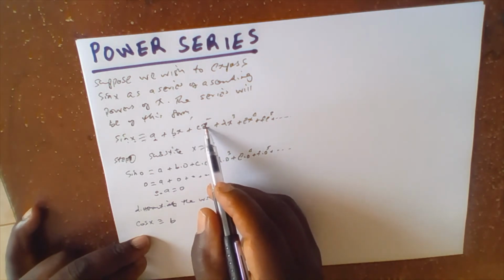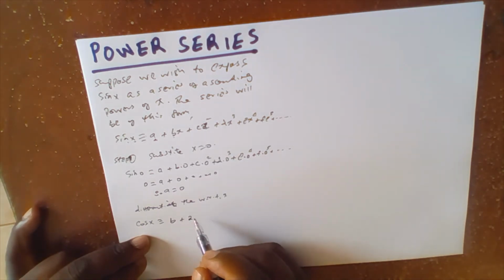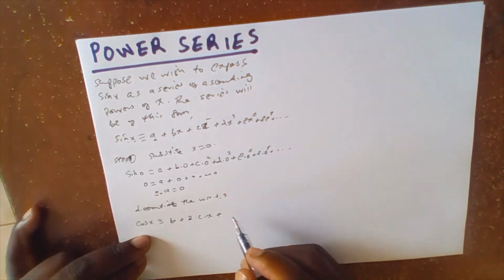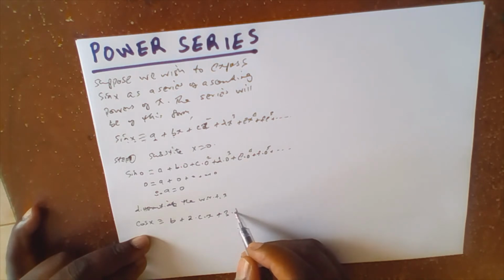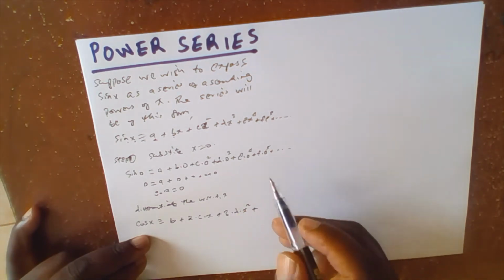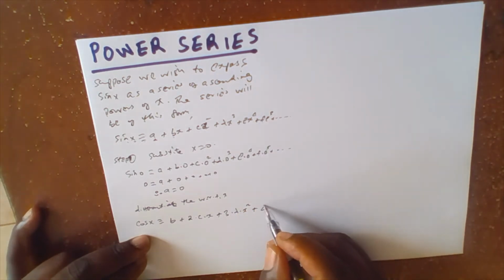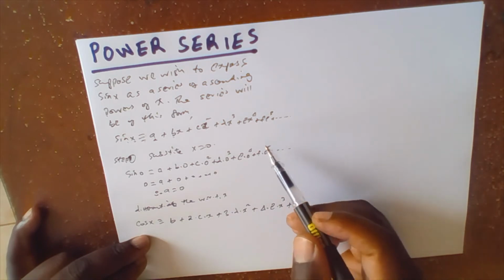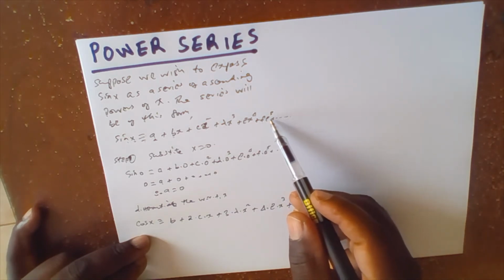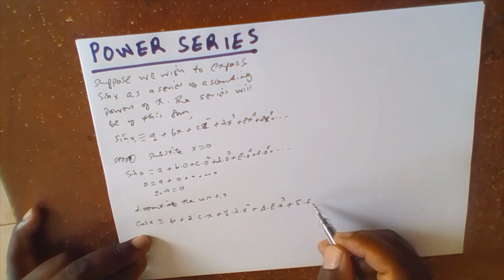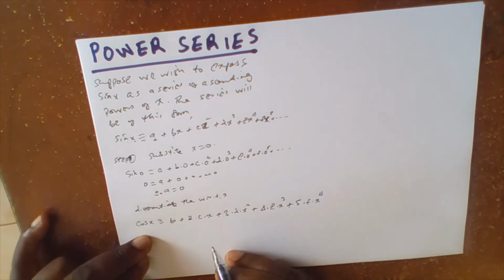When you differentiate x squared, you get 2 times c times x, then plus, when you differentiate x cubed, we have 3 times d times x squared, then plus, when you differentiate x raised to 4, we have 4 times e times x cubed, then plus, when you differentiate x raised to 5, you get 5 times f times x raised to 4.